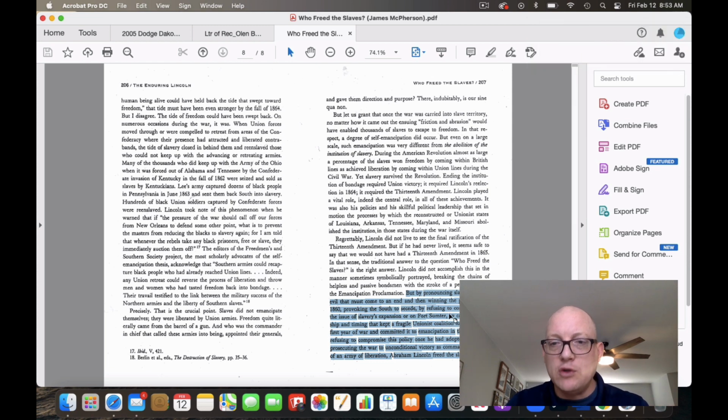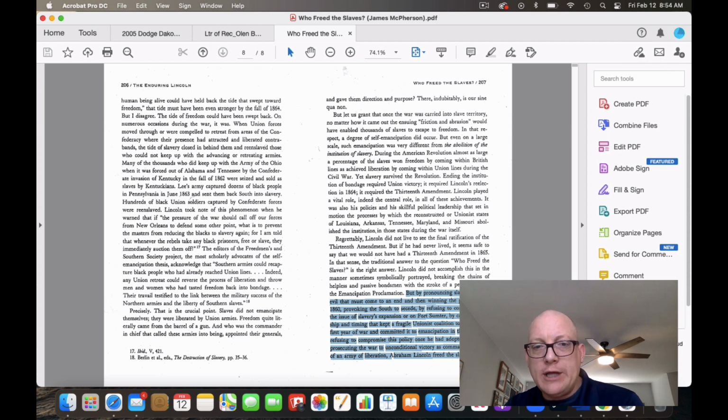Okay. By refusing to compromise on the issue of slavery's expansion or on Fort Sumter, to not back down in South Carolina, really the first state to secede, struck on a Union fort.